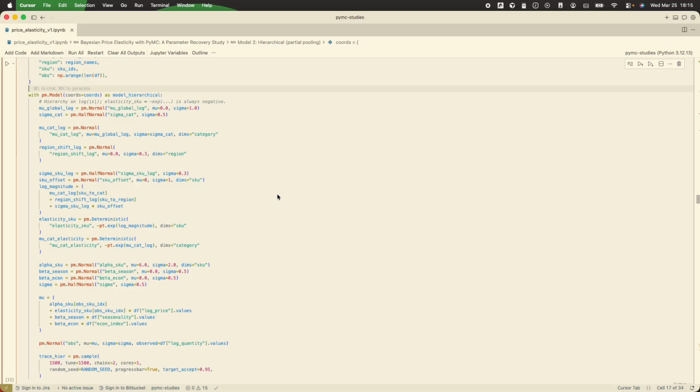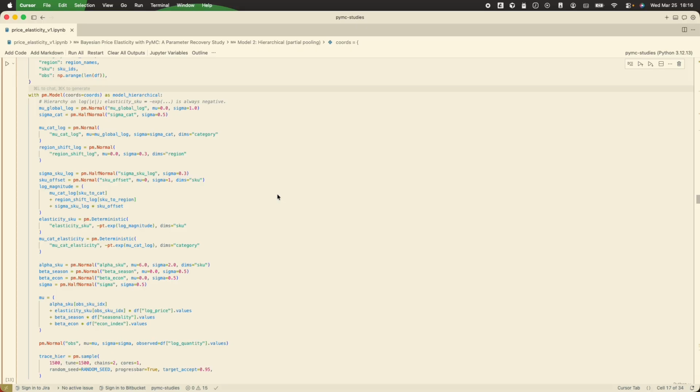Adding these region and category terms essentially means that snacks will behave in a certain way, essentials as well, but each product can deviate around that. So you should see tighter but more plausible estimates for some of the sparse products because of this partial pooling.